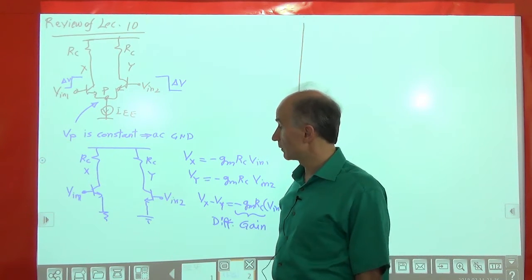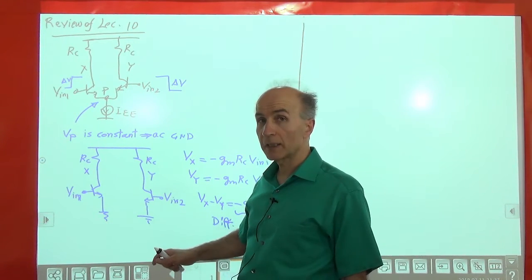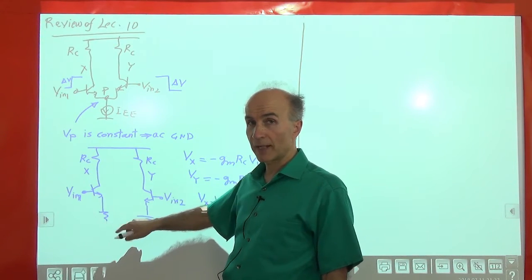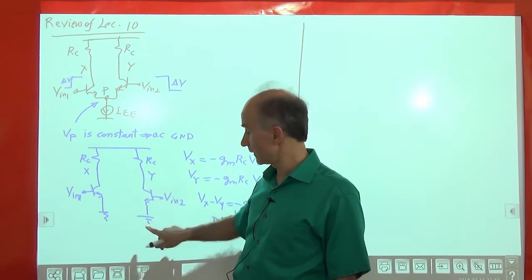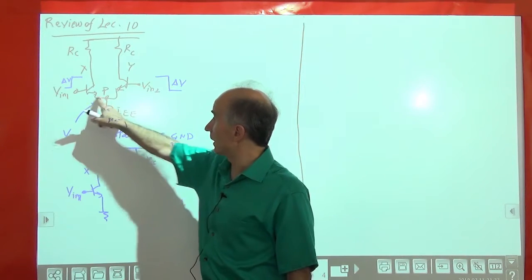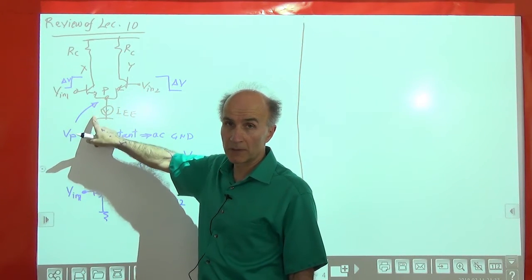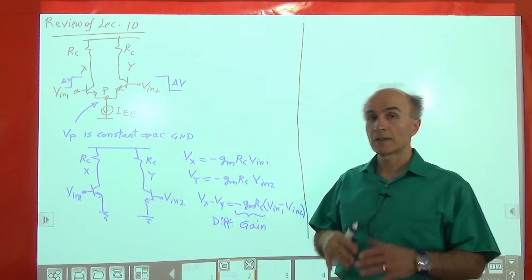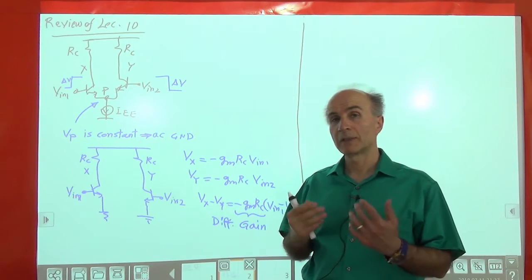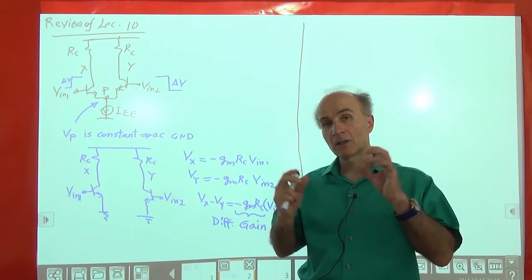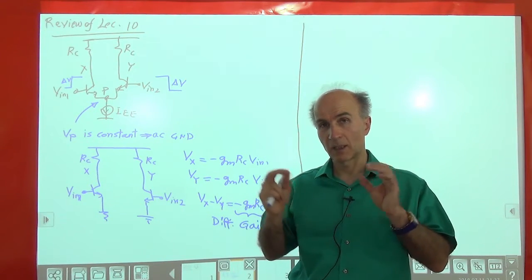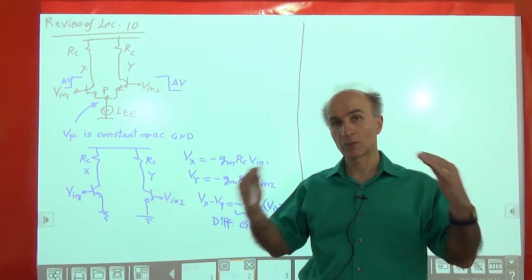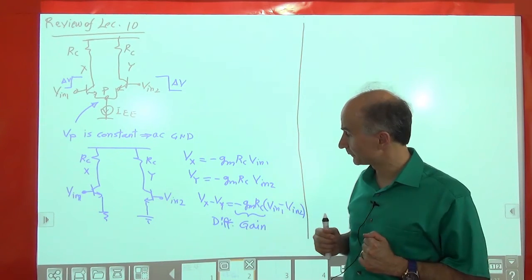So we said we don't even bother drawing the small signal model of these transistors. We just know that from a small signal perspective, these two emitters are connected to node P and node P is grounded, so that's ground. Okay, this is only for small signal operation, meaning we are dealing with signals that are changing the input voltage. Okay, so we are not at the bias condition, we are looking at only the changes.